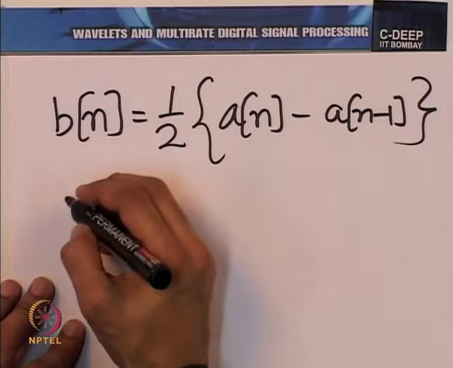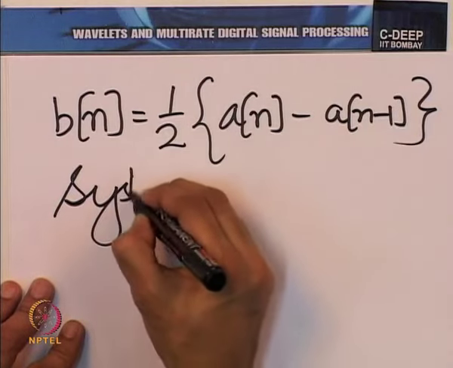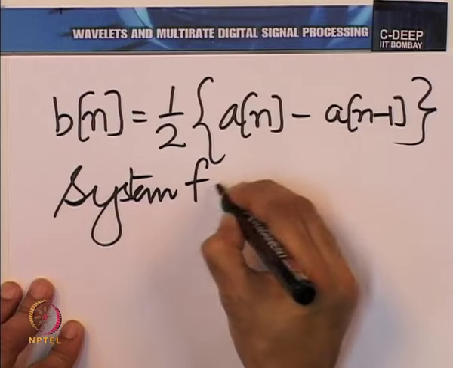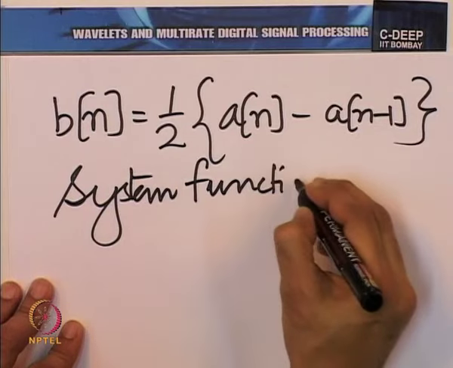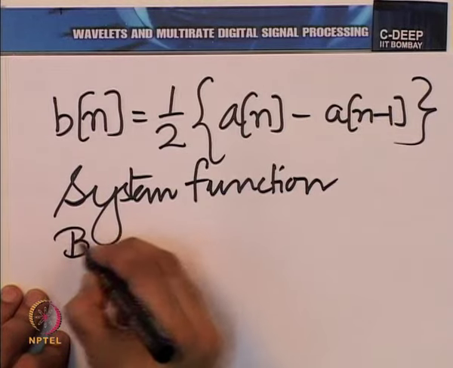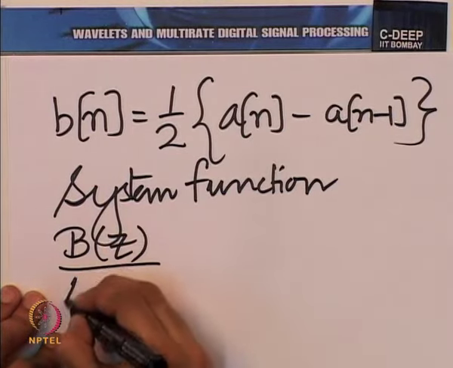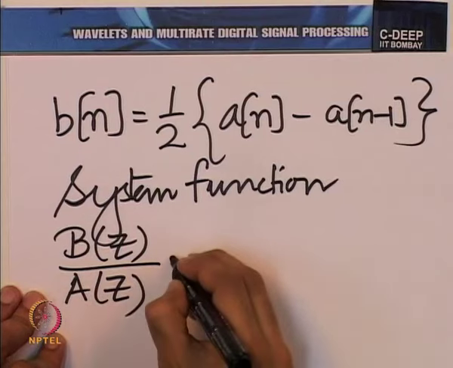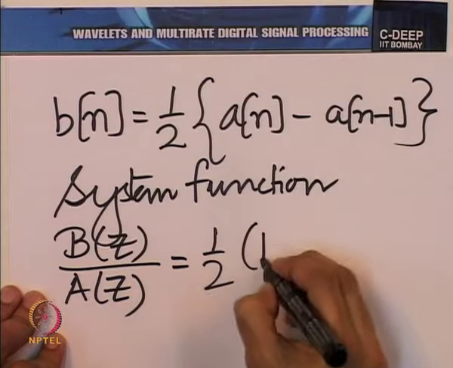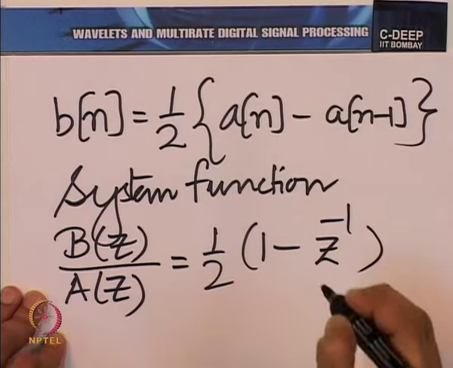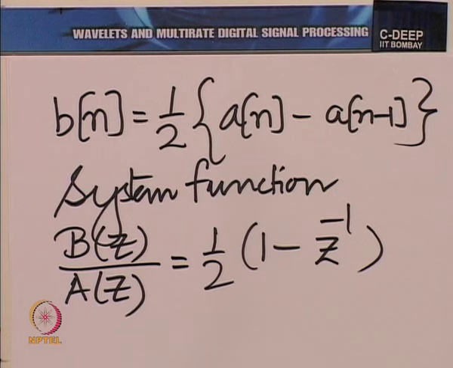And there the system function would be B of z by A of z given by half into 1 minus z inverse. So, all in all, we have a pair of filters followed by a pair of decimators, and the structure looks like this.